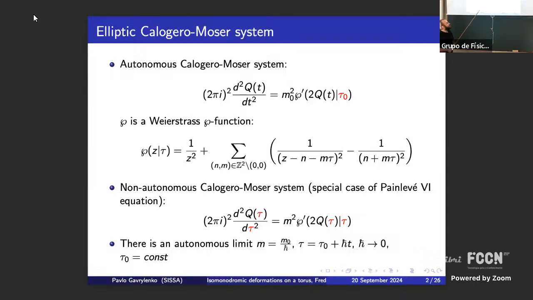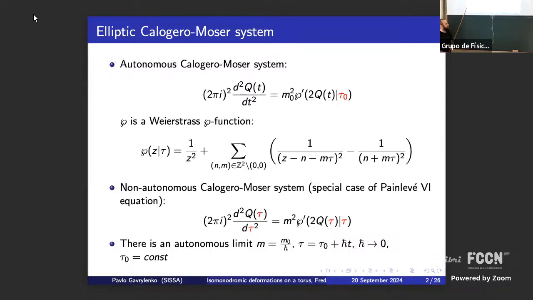Energy should also behave in some appropriate way. And if we do this, the energy should basically stay like 1 over m squared. And then if you consider evolution in a fast time, this becomes just a usual Calogero-Moser system for a particle moving in this potential.